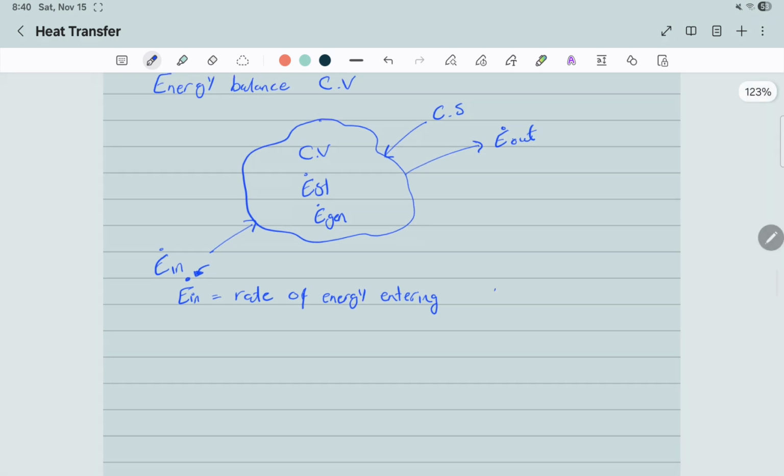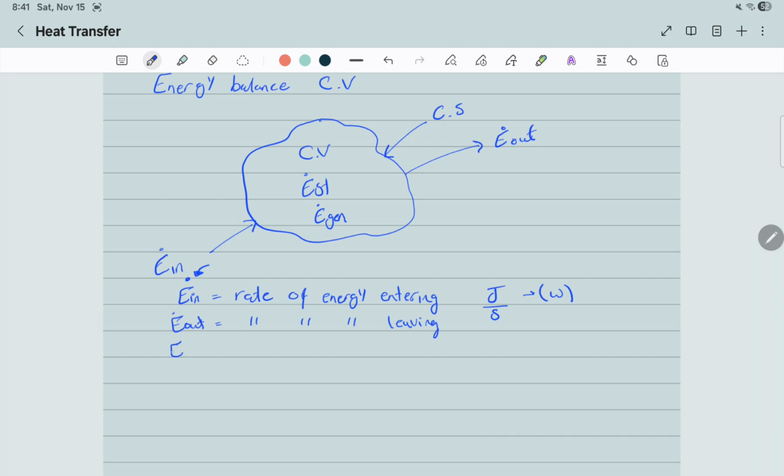So energy usually has the units of joules, but since that dot is there, that means the rate of energy going in is energy per time, which is joules per second, which can also be written as watts. Now, E out is also the rate of energy leaving the system.